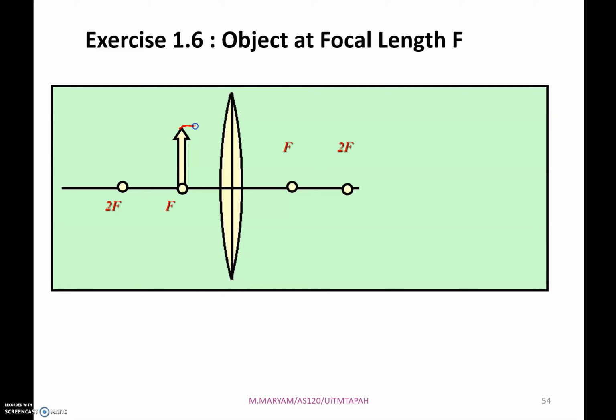Check the answer. Again, go through straight line or parallel, and then we'll go through F. The next one cannot pass through the front because the object itself is at the front focal length. So we'll dismiss that, but it can go through the center.